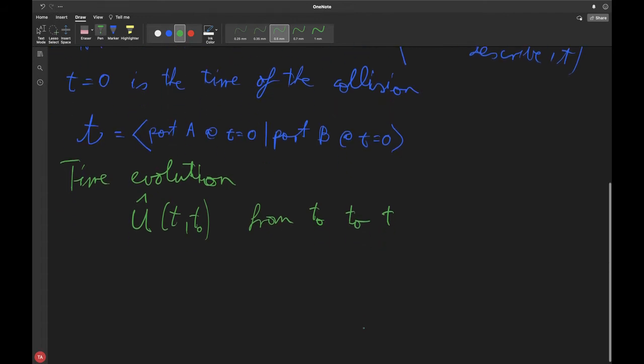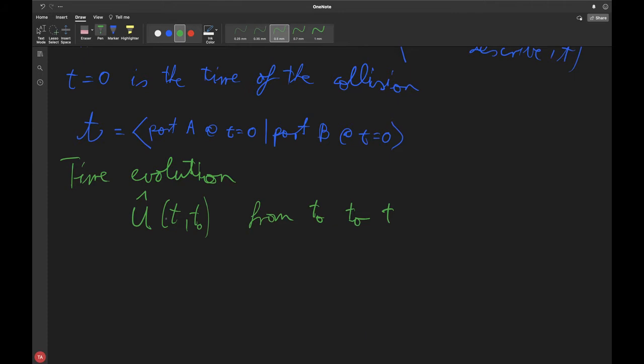Also, if we have the operator for T and T, so we evolve something from the same time to the same time, that's the same as not doing anything, that's the identity operator.